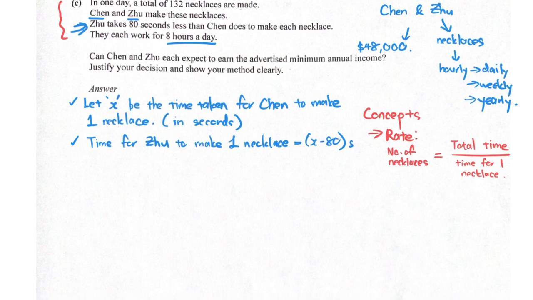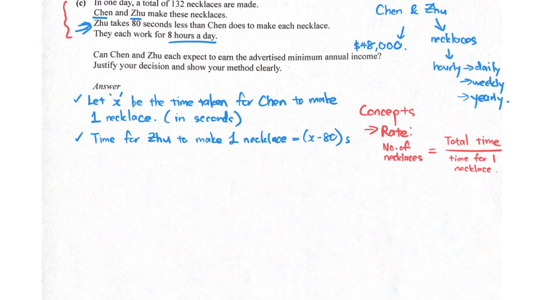Okay, with that, I'm going to write an equation, a relationship that binds everything together, by comparing the number of necklaces in total that both of them make. Because in total, I know that they make 132 of them. So now I'll use a different color.